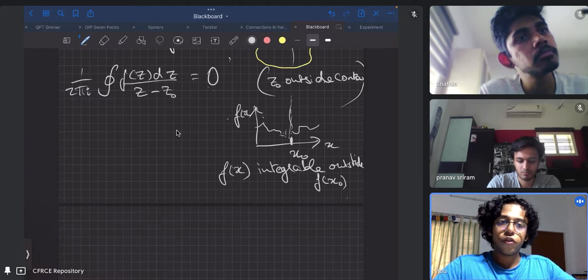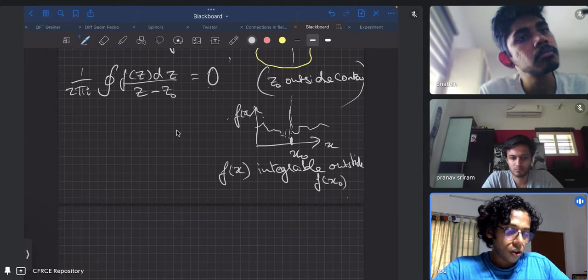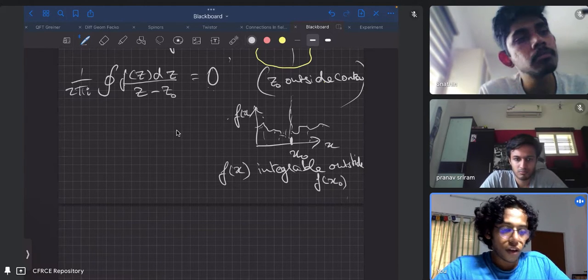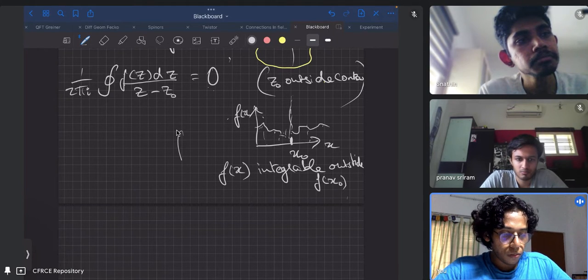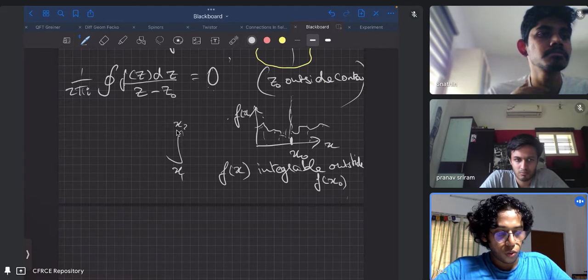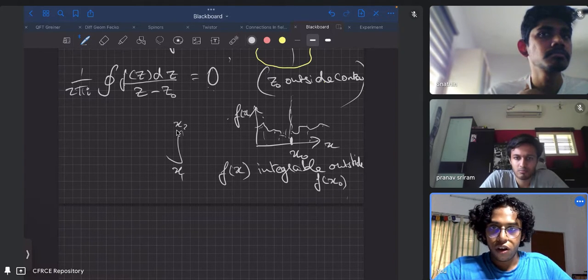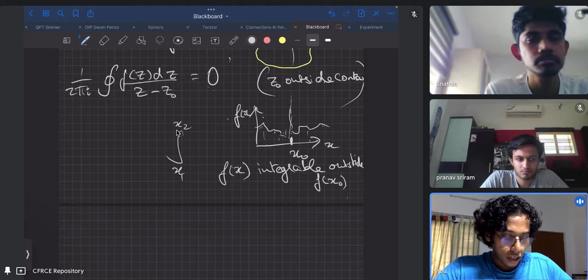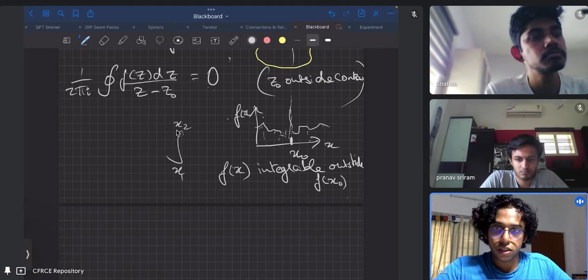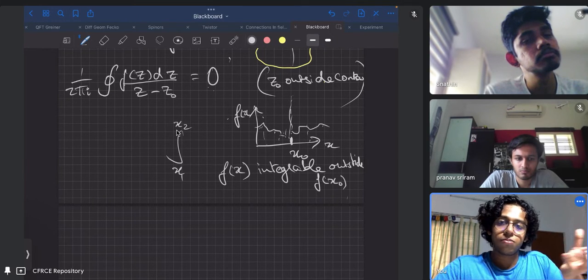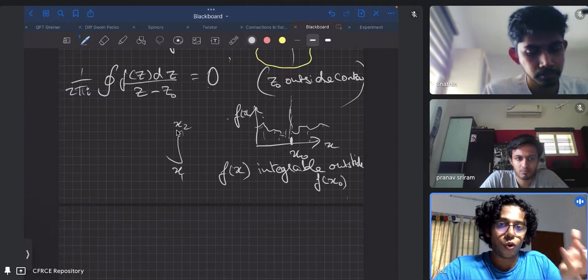If you have some random function, it is completely integrable. When you define your boundary from x1 to x2, if your singularity is not between x1 and x2, then x naught plays no role.